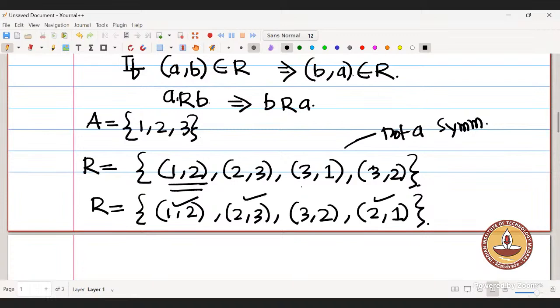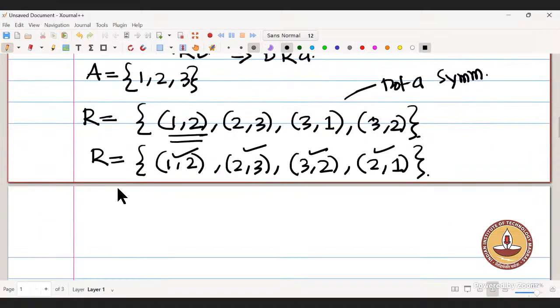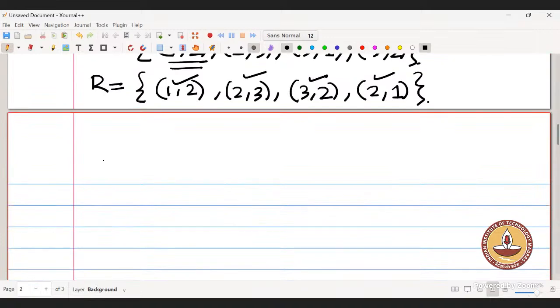I have (2,3) and I have (3,2). So if I change the order of the elements of the ordered pairs, it's not going to affect much. The new element is still inside this relation. So that's why this is a symmetric relation, right?